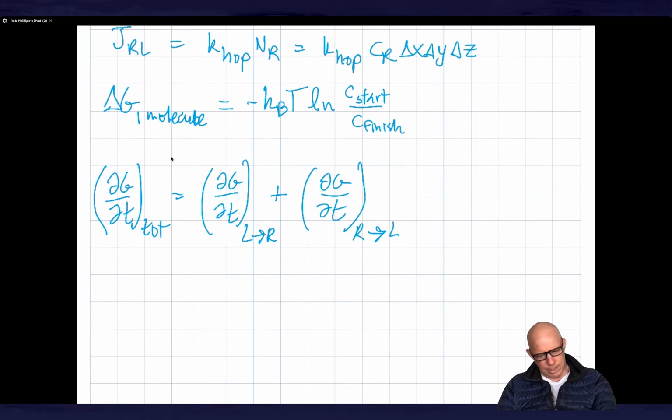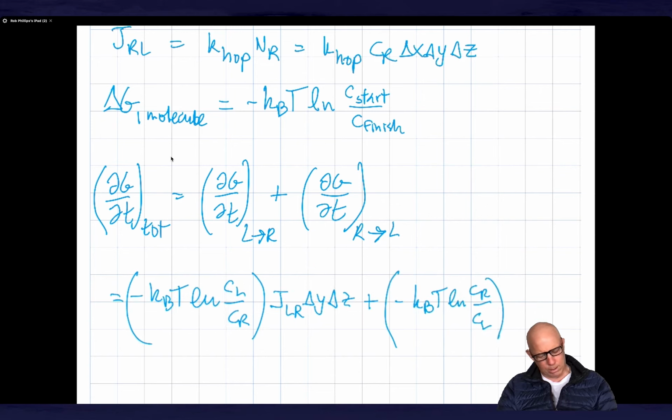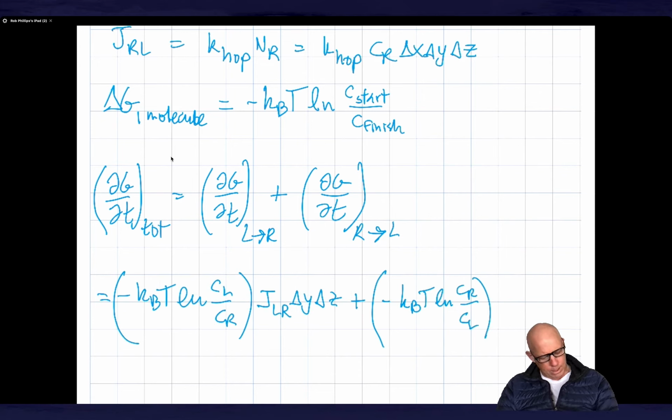This first is given by minus kBT log of C left over C right, times J left right, delta Y, delta Z. The next one is minus kBT log of C right over C left, times J right left, delta Y, delta Z.